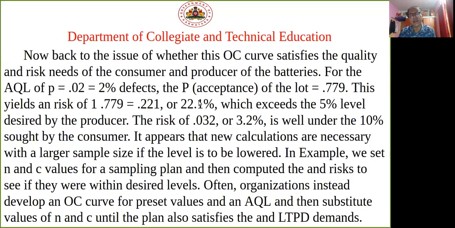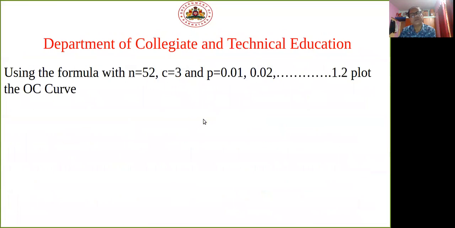But here we are getting 22%, which is more than 5%, so it is not satisfying the producer, as well as the customer. For the customer it is 10%. So it is not satisfying both the customer and the producer, so they need to change the values and find out the things.